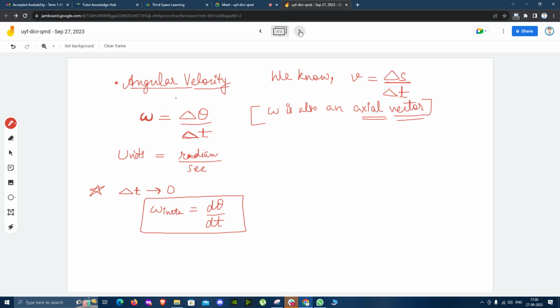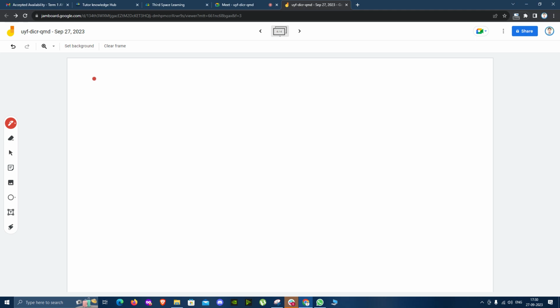Now we will try a very important question here. Let's say theta is equal to 2t square plus 2. We have to find omega, angular velocity, in 2 seconds. This is the first part. Now the second part is at 2 seconds.